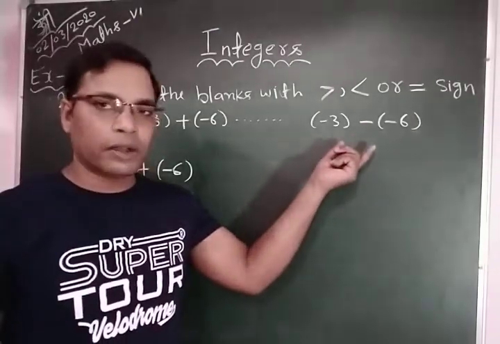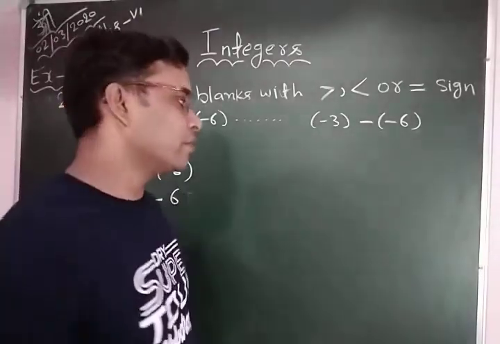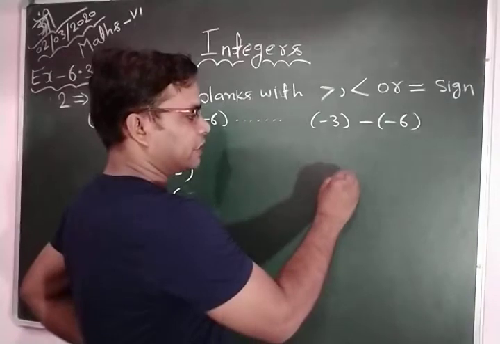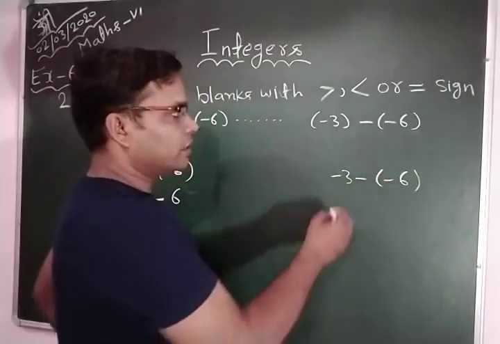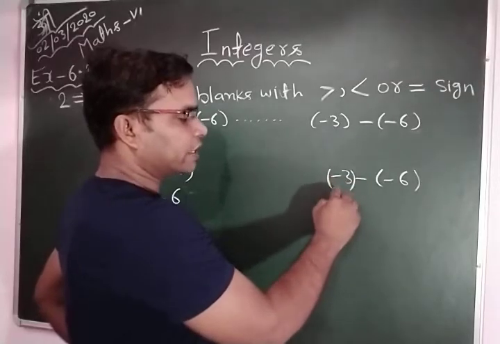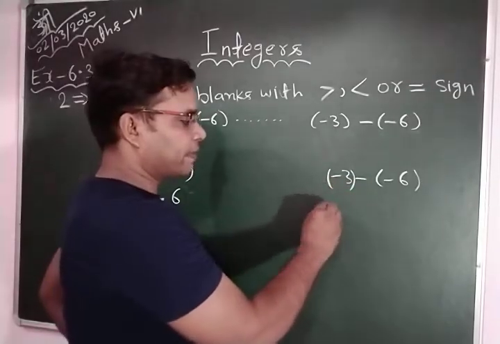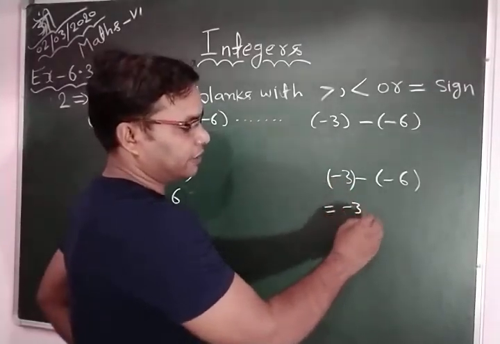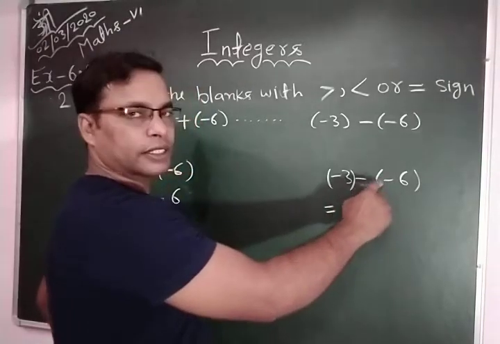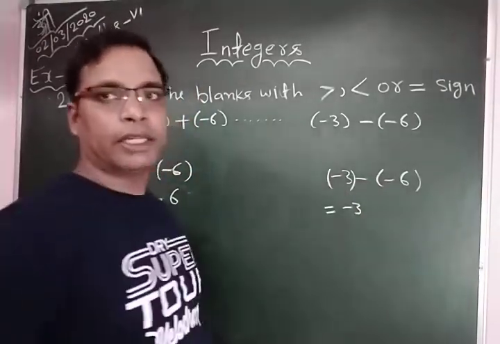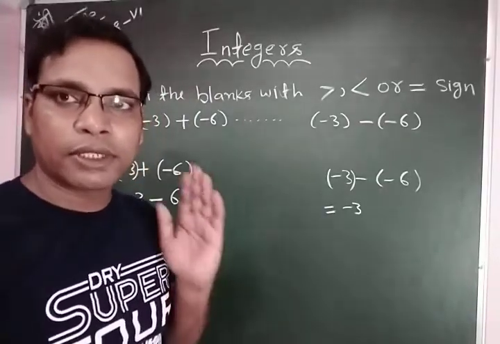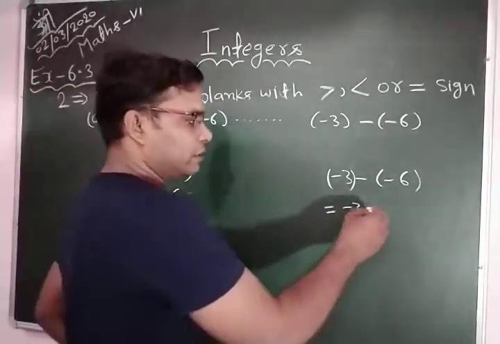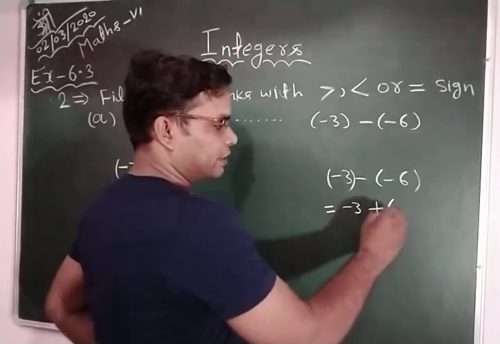Okay. Now we solve this part. Here this part is minus 3 minus minus 6. So we can write this minus 3 as it is, but here minus and minus. Outside of the bracket is minus and inside the bracket is also minus. So minus into minus becomes plus. So this is plus 6.